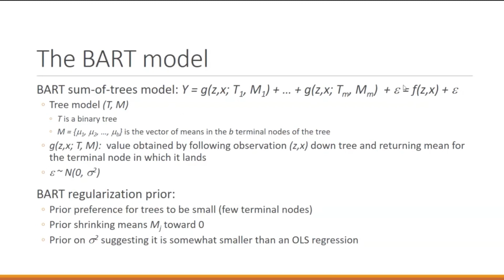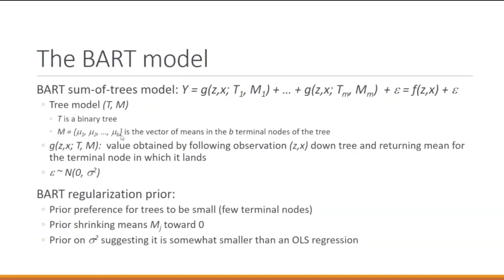So the only parametric piece here is that we are assuming that whatever is left over after we account for the response surface through the sum of trees is then just Gaussian noise around that surface. And so our tree model is defined by the trees themselves.